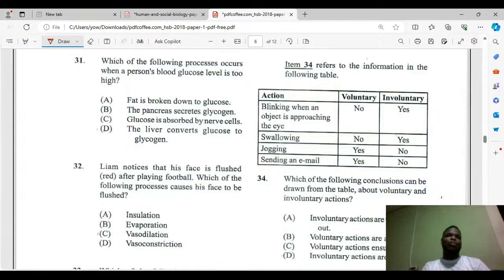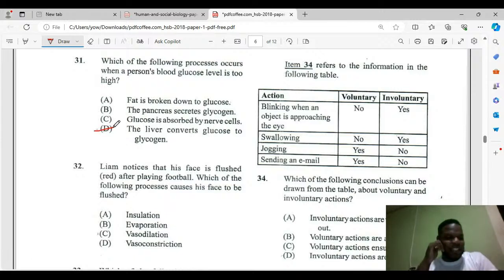When the blood glucose level is too high, it will be insulin that's released. So the liver would actually, remember that it will be D. So that's a repeat question. That was on the last page. We just did that a while ago. All right, so we're working with D.